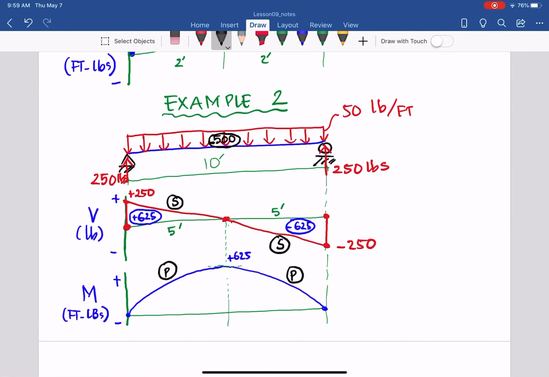And when you look at it, it makes sense that the maximum moment is in the middle, because that beam will tend to deflect downward, and a positive moment makes sense because with that distributed load applied throughout the beam, it creates tension throughout the beam on the bottom and compression on the top. And with that, the moment will be positive, and that is reflected in the diagram.